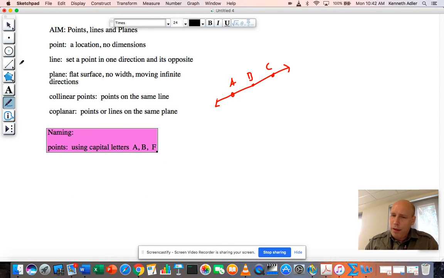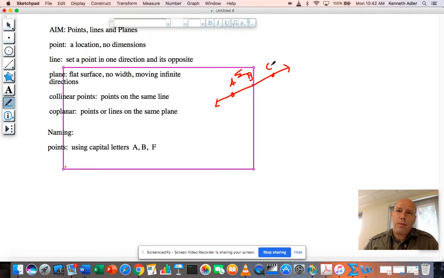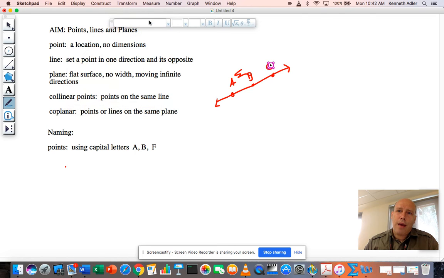Okay, what about lines? Well, first of all, let me change the color. Let's go black. So how do we name a line? I'm going to draw a line, and I'm going to put 3 points here.